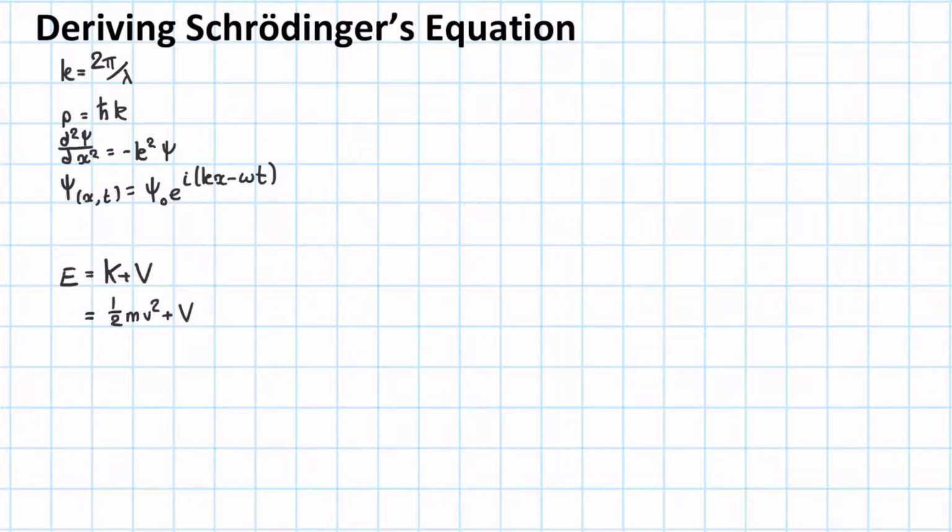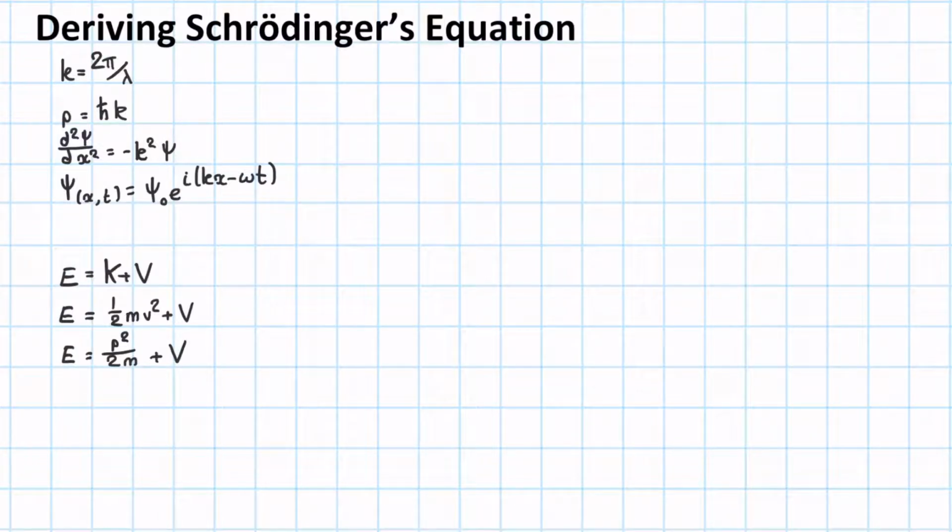However, we want things in terms of momentum rather than velocity, so we can rewrite the kinetic energy as p squared upon 2m, giving E equals p squared upon 2m plus V. And this is what the total energy in each case is equal to.